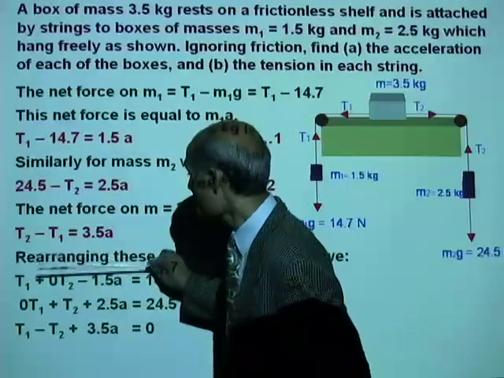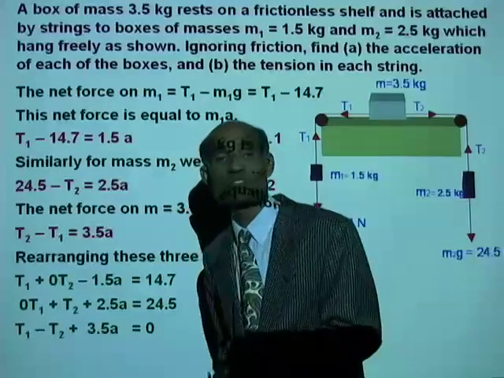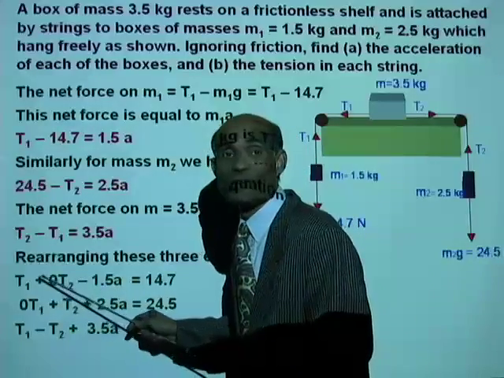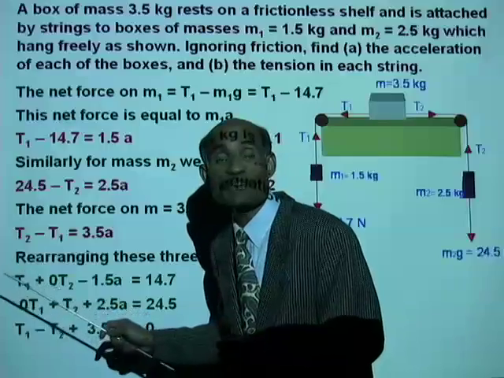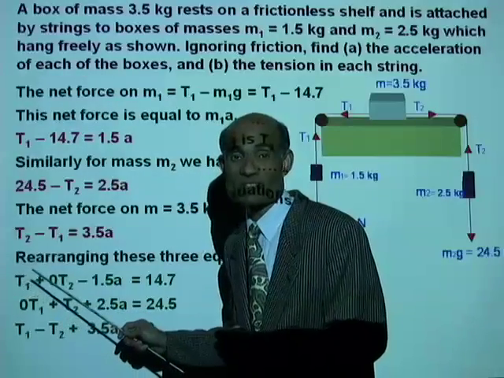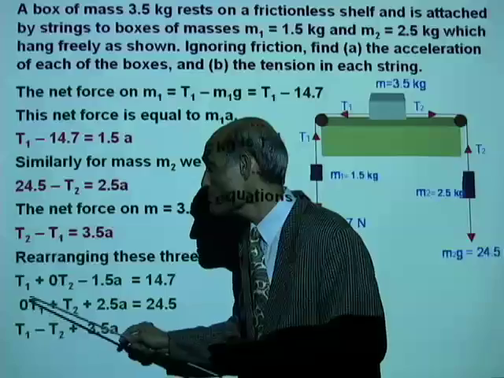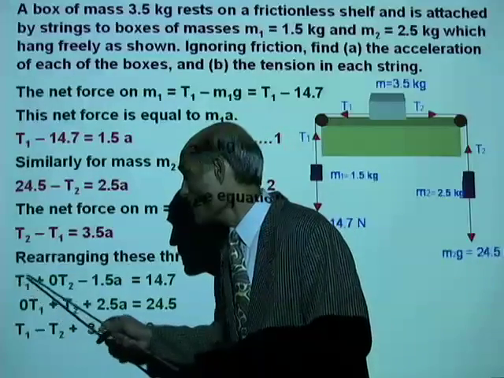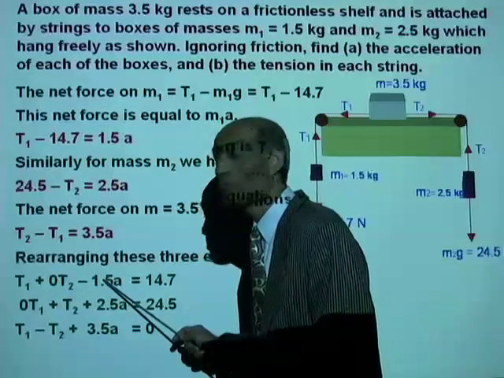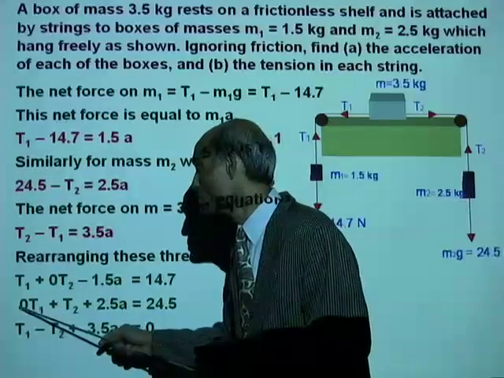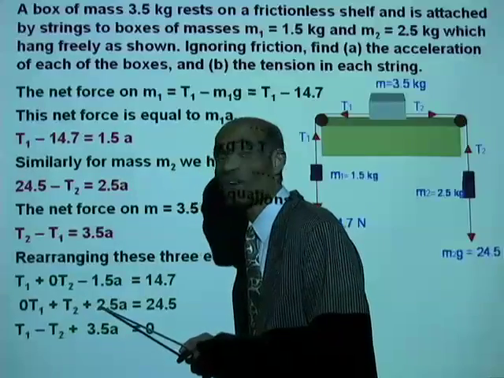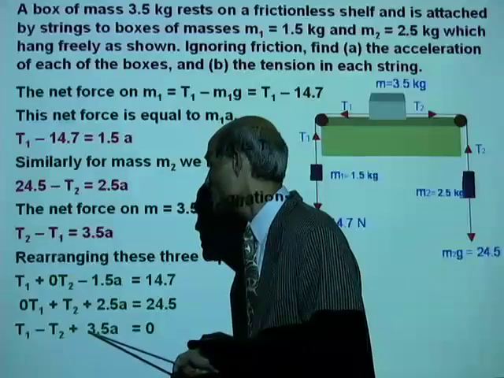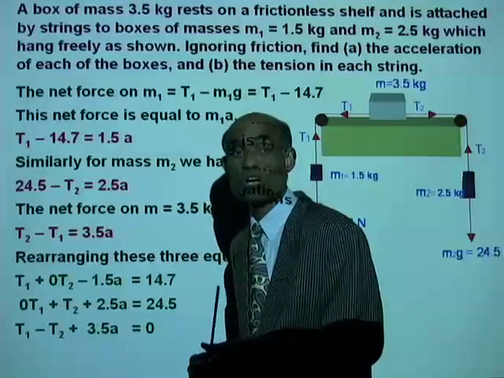Alright, how would you solve these three equations on your calculator? Well, make a 3 by 3 matrix and enter the coefficients. What is that? 1, 0, negative 1.5, that's the first row. 0, 1, 2.5, that is the second row. 1, negative 1, 3.5, that is the third row.